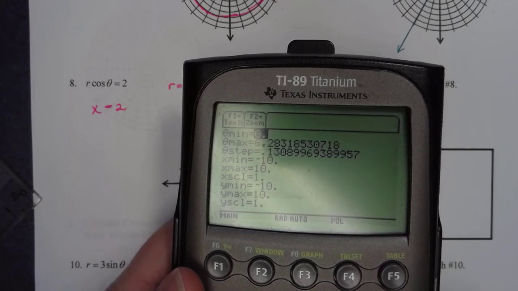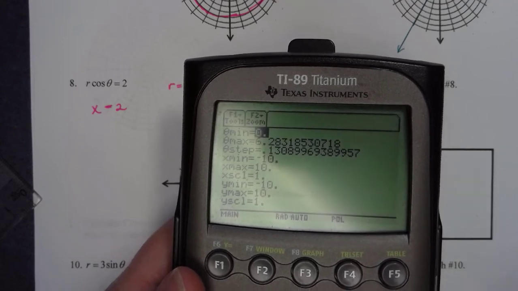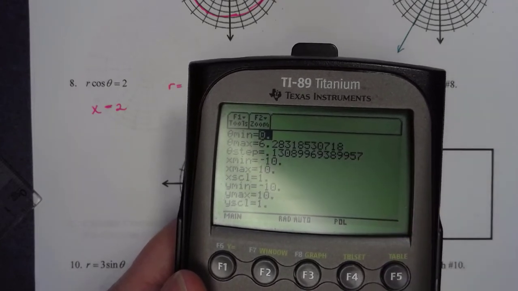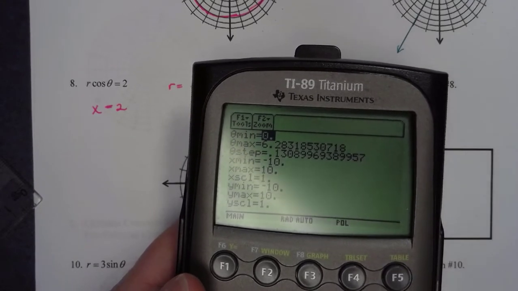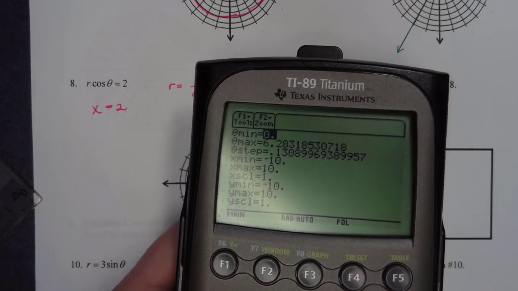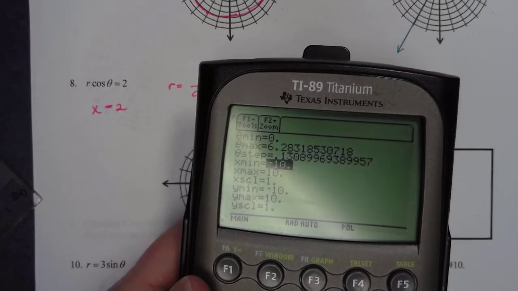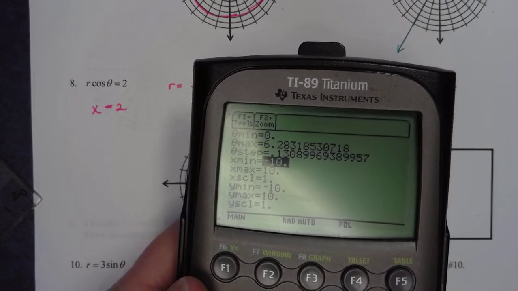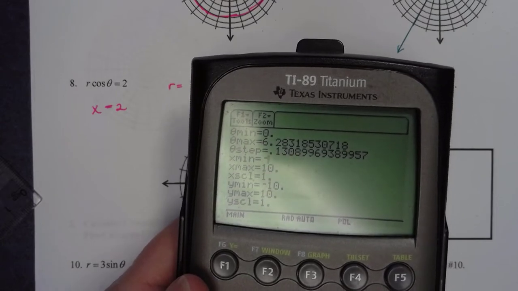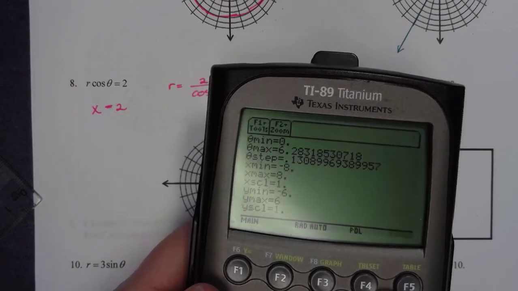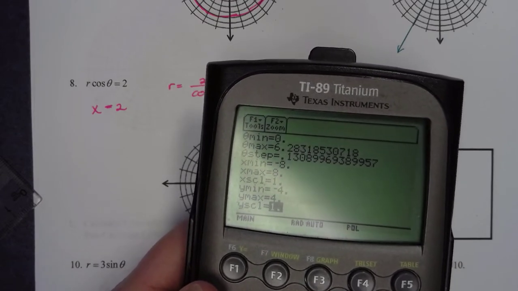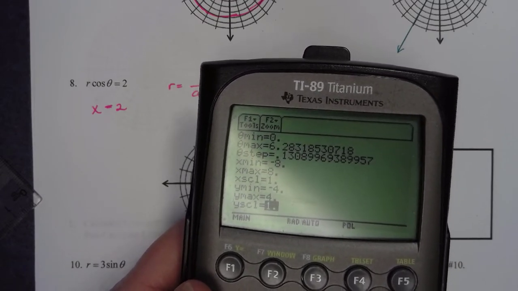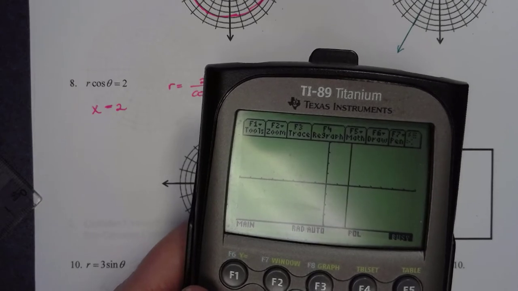I want to go one time around the circle. This is graphing it. Last time I think was pi over, might be 24. And I think I can make my window smaller, so I'm going to go -8 to 8 and -4 to 4 because my window is 2 to 1 in the ratio of x to y. All right, let's see what happens. There it is.